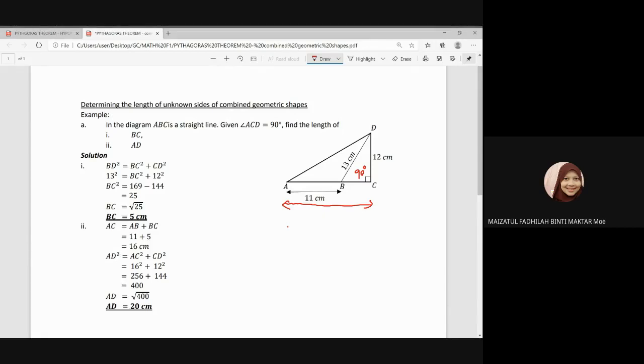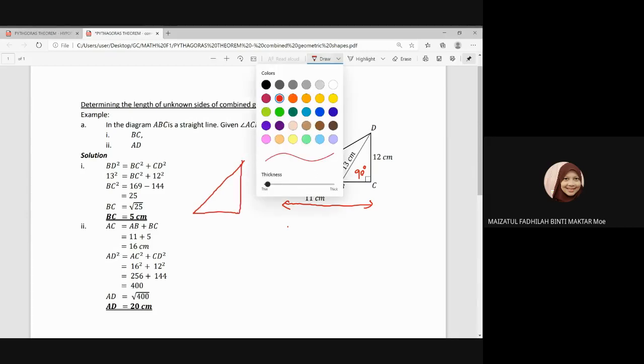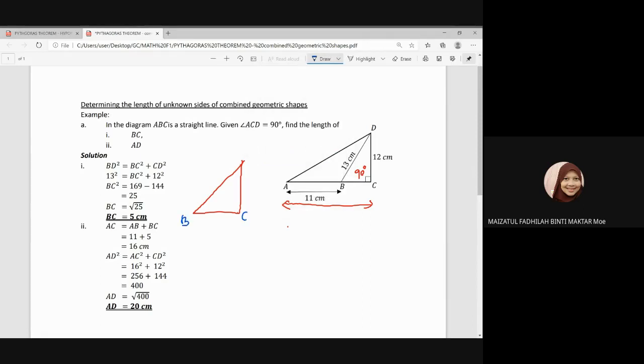If you take out the shape BCD first, given to you, the C is 90 degrees, so we know this is a right angle triangle. So the hypotenuse is BD.